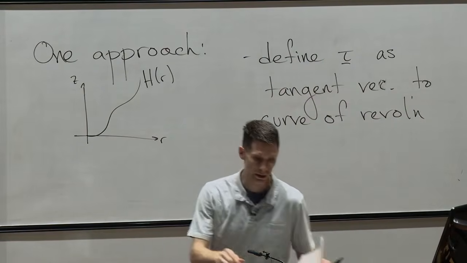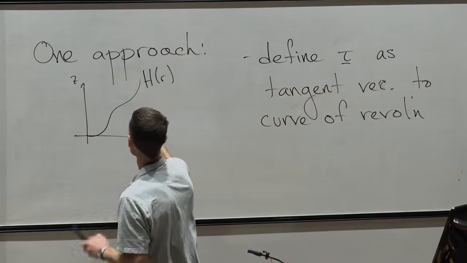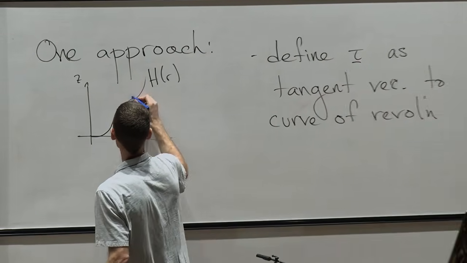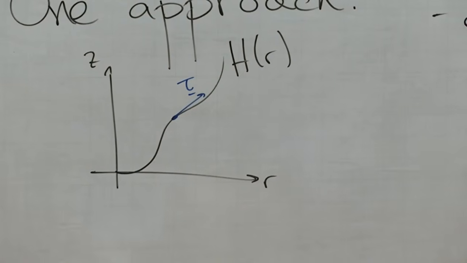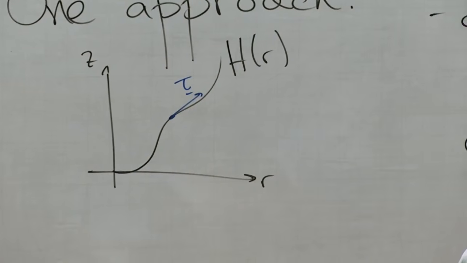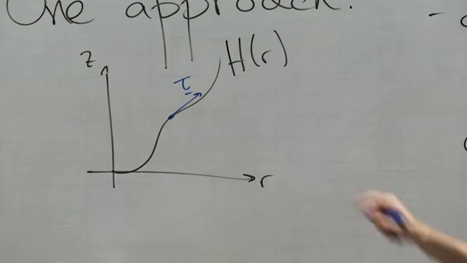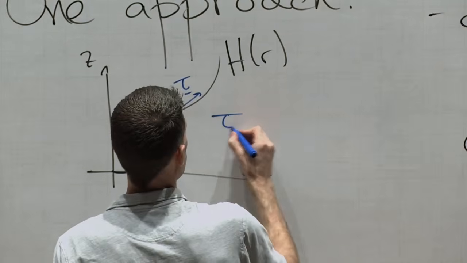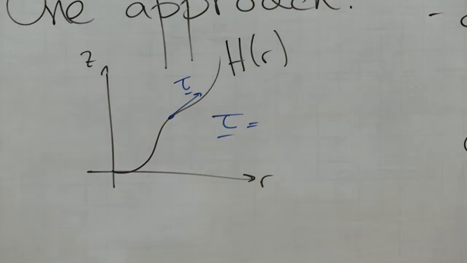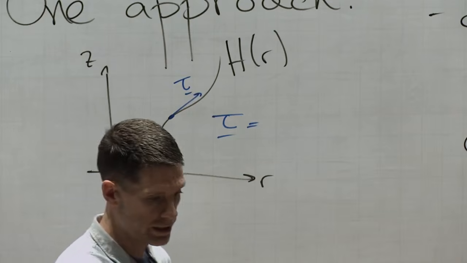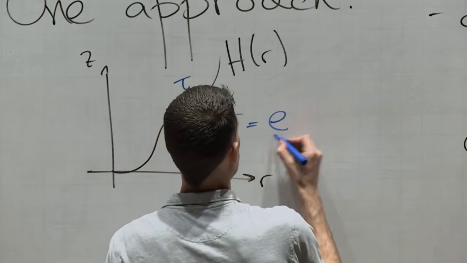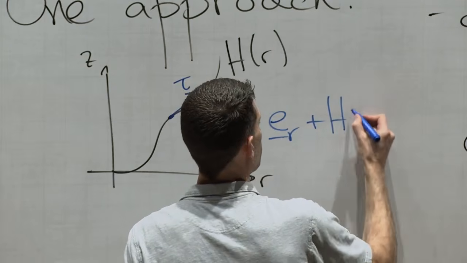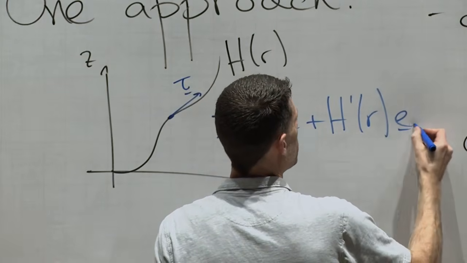So in my picture here, I'm going to define that as tau. Just by that geometry, tau has er component 1 and z component the derivative h prime of r. So that would be er plus h prime of r ez.